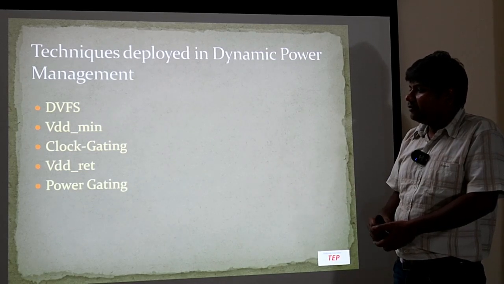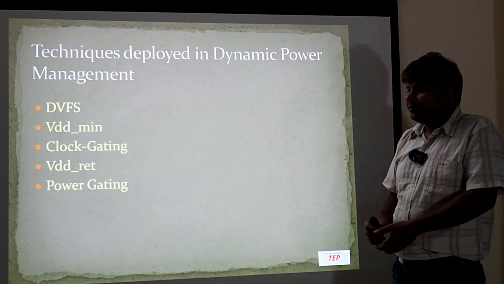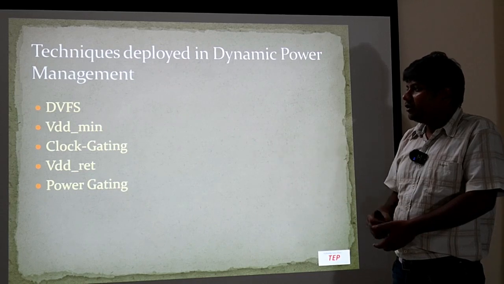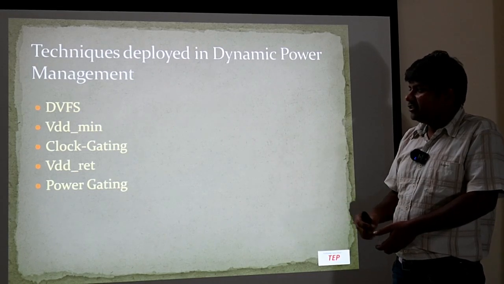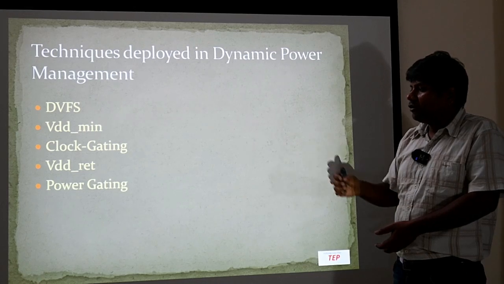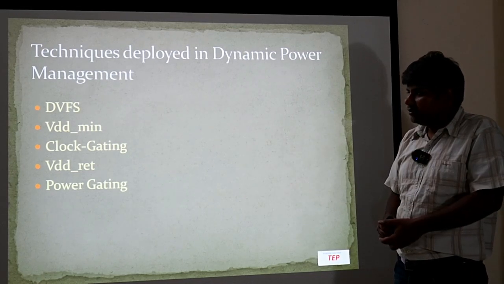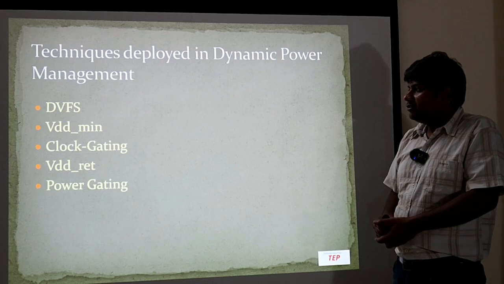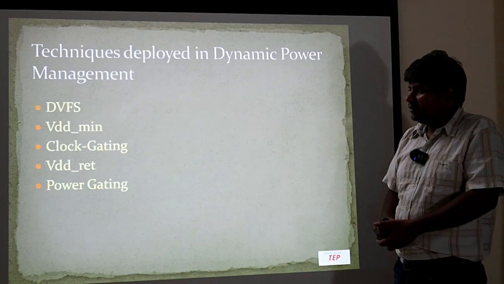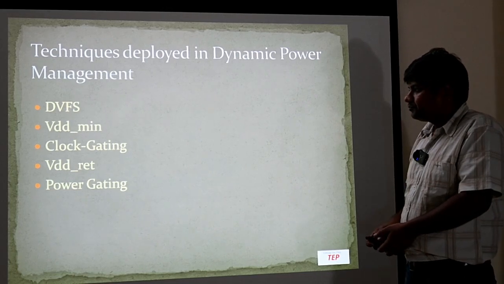Now we save power not only in those circuits where the data is propagating, but also in the clock branches or clock tree itself, which is supplying the clock to the rest of the circuit. So in that portion of the clock tree where the clock is not ticking, there also we save power.